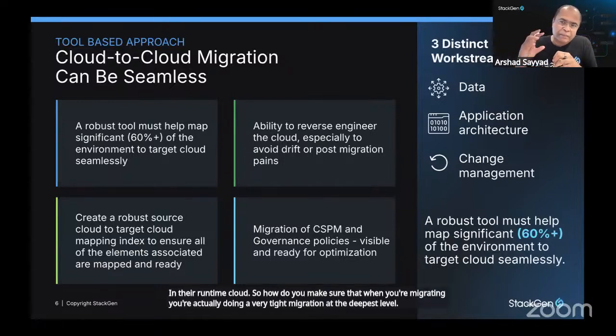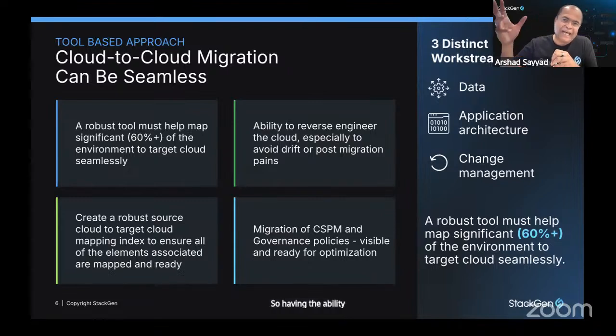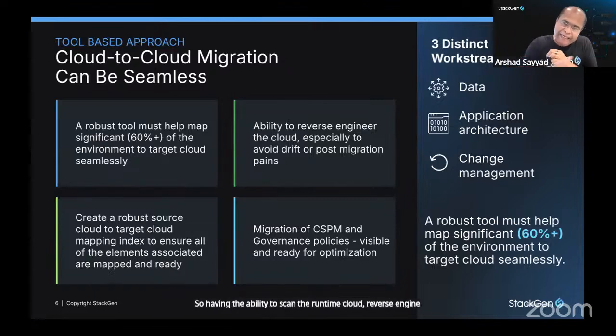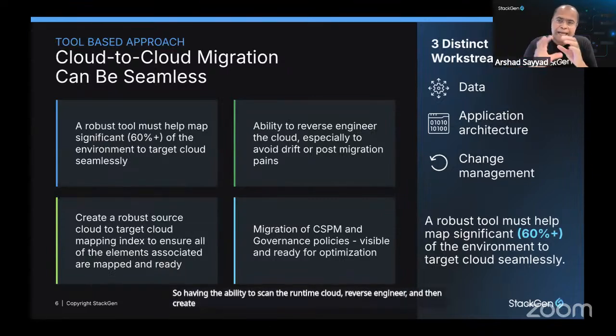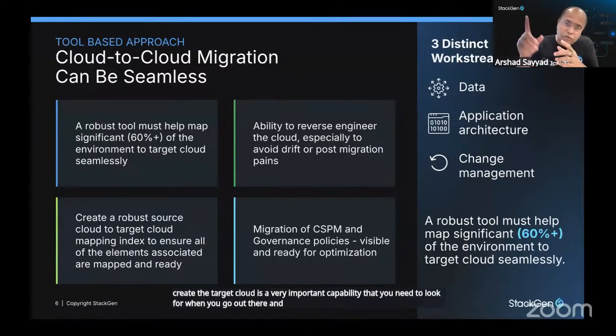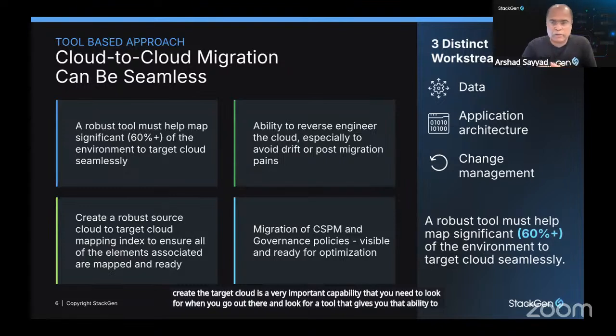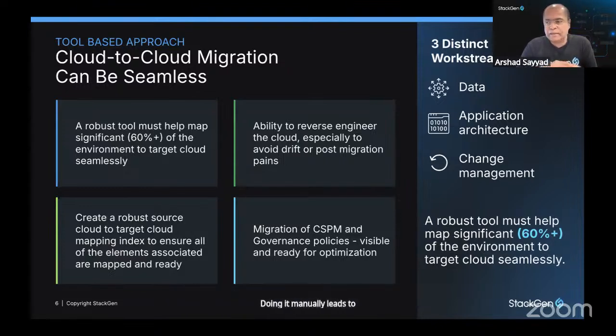Having the ability to scan the runtime cloud, reverse engineer it, and then create the target cloud is a very important capability to look for when you go out and look for a tool that gives you the ability to migrate from one cloud to the other. Doing it manually leads to significant errors and misses across the board.